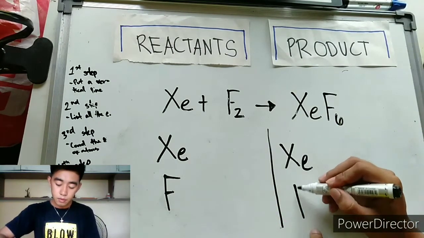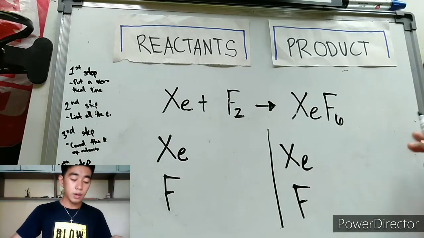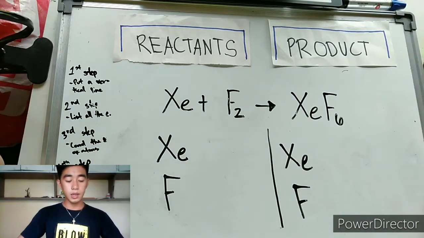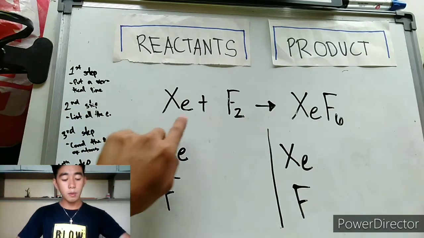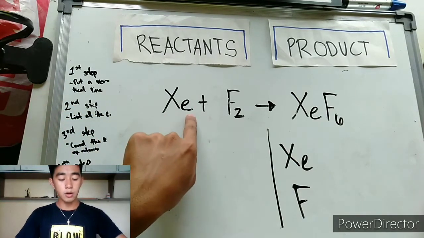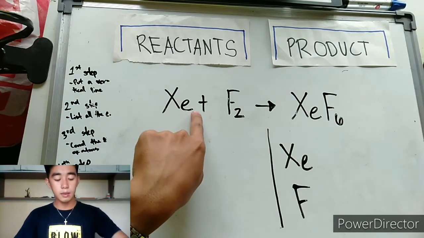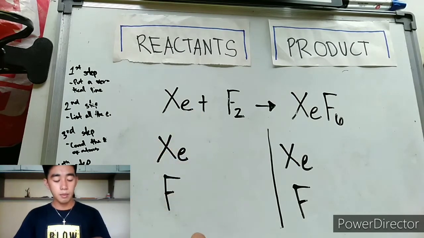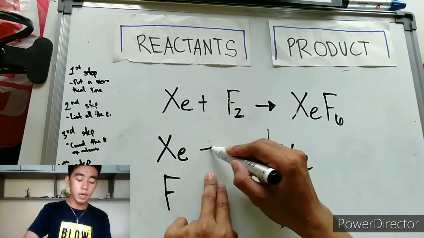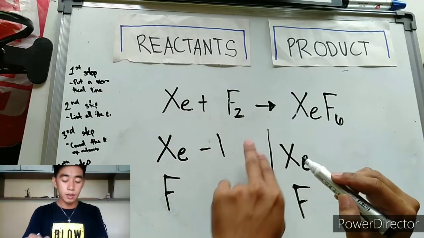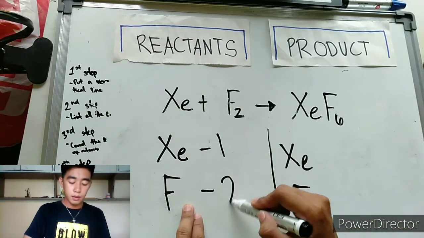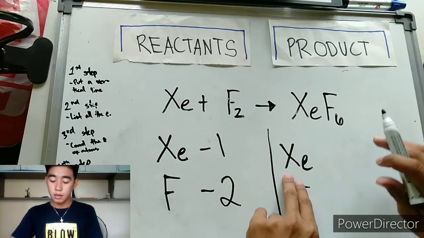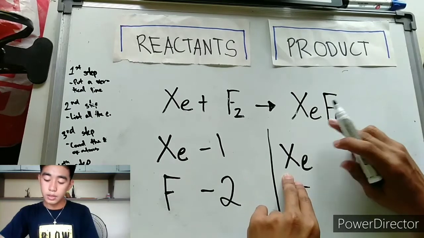Next, yung fluorine. So now we are going to count the number of atoms of each element. So kung mapapansin natin dito yung Xe, wala siyang subscript or yung number dito sa baba. So automatically na meron siyang 1 atom. And for fluorine, we have 2 atoms. So dito, ganun din, wala din siyang subscript.